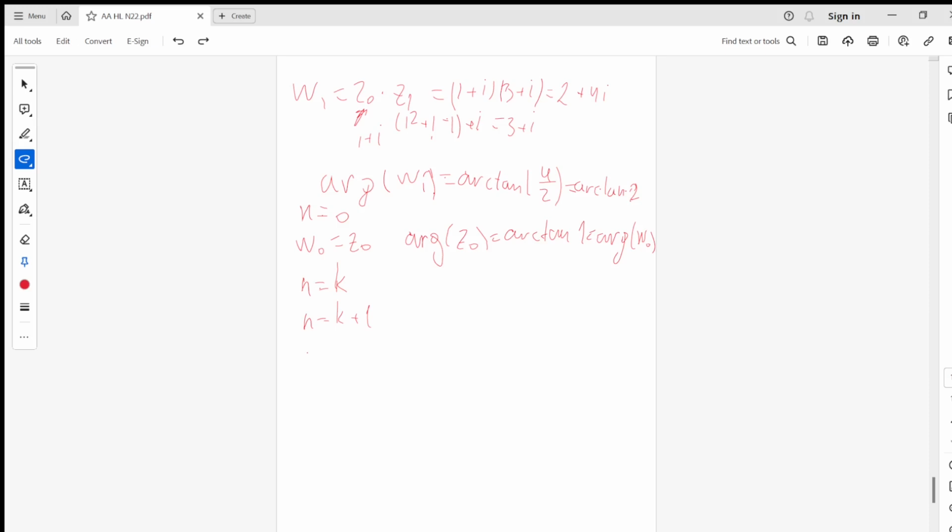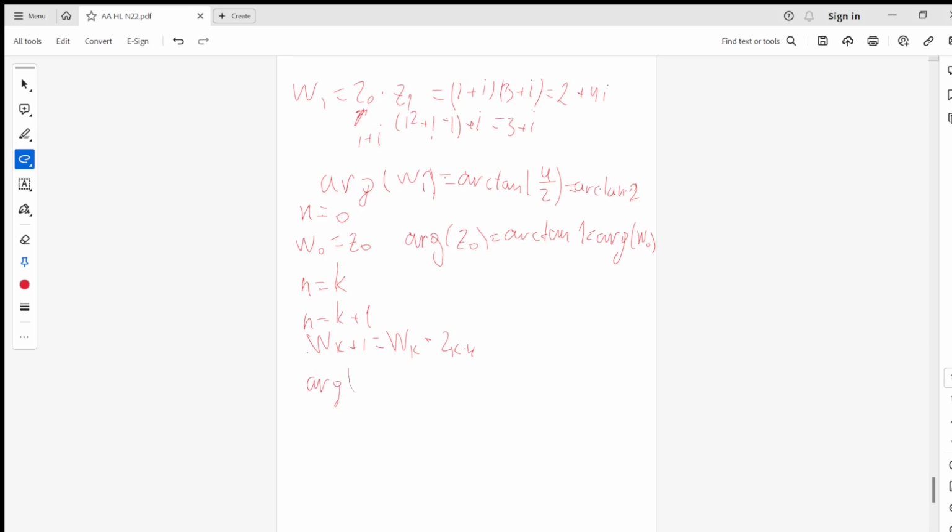So we can write W k plus 1 is equal to Wk times Z k plus 1. And this is going to be useful in the next part.